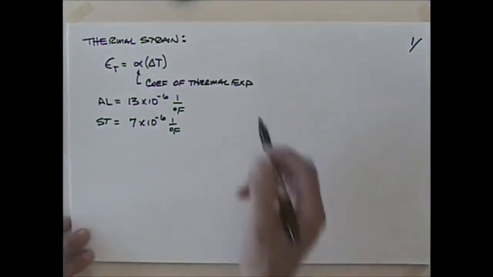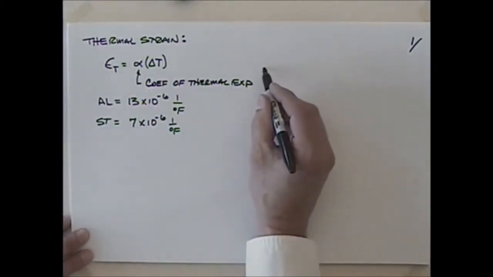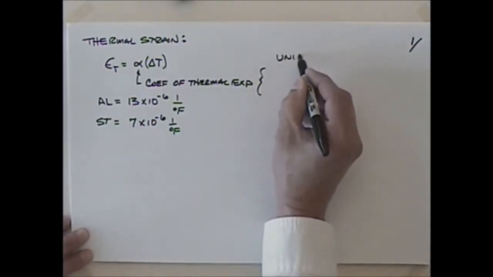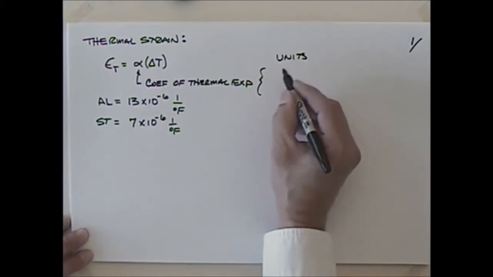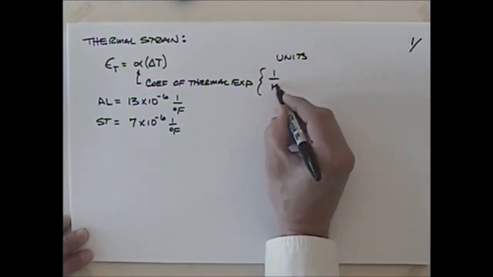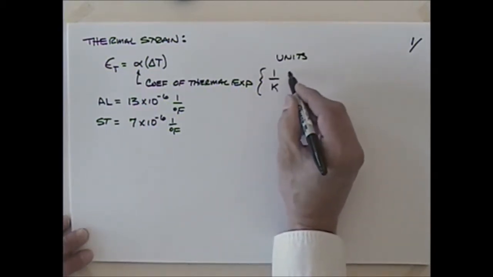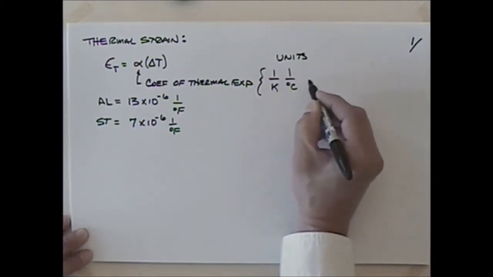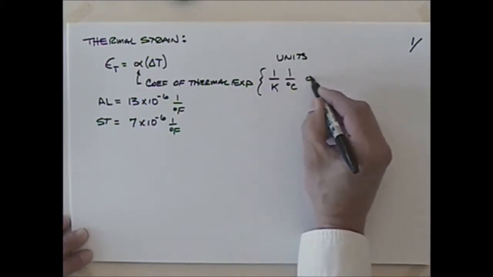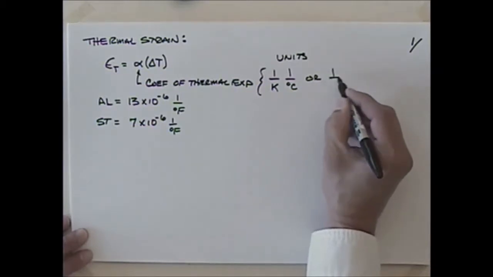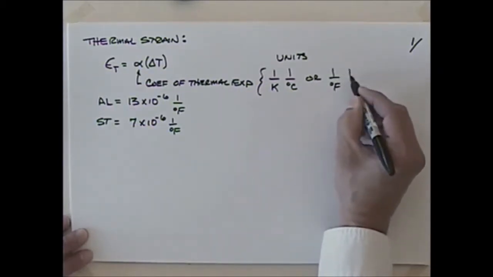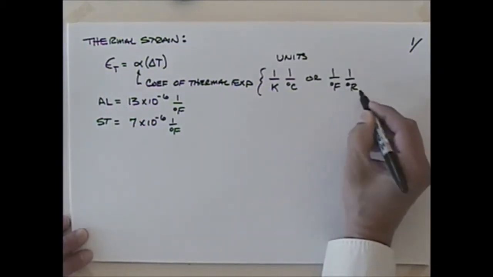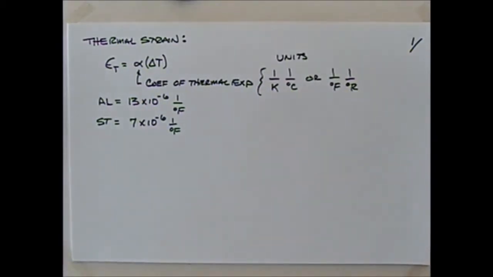So from this you can see that the units on this are usually going to be 1 over Kelvin or 1 over degrees centigrade, or maybe 1 over degrees F, or 1 over degrees Rankine, Rankine being the absolute portion of Fahrenheit.